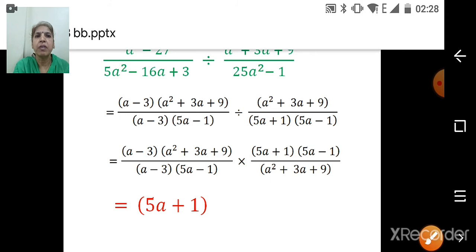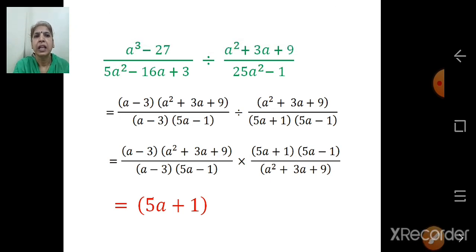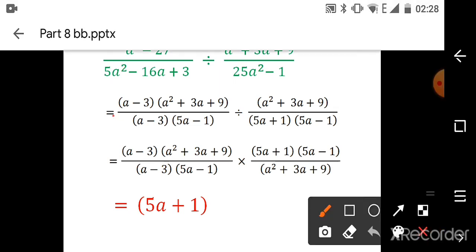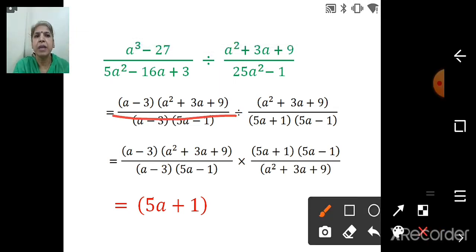Now we will substitute the factors. a cube minus 27, factors we got were a minus 3, the whole bracket multiplied by a square plus 3a plus 9, upon the factors we got for 5a square minus 16a plus 3, a minus 3, the whole bracket multiplied by 5a minus 1. It is divide by, children.